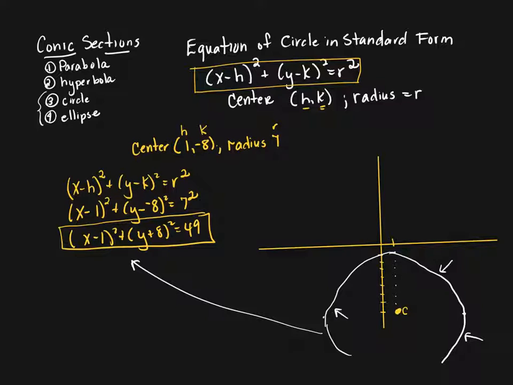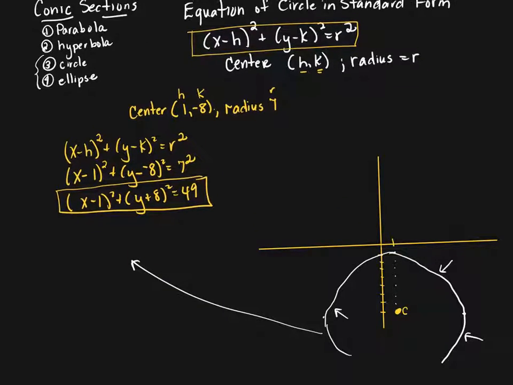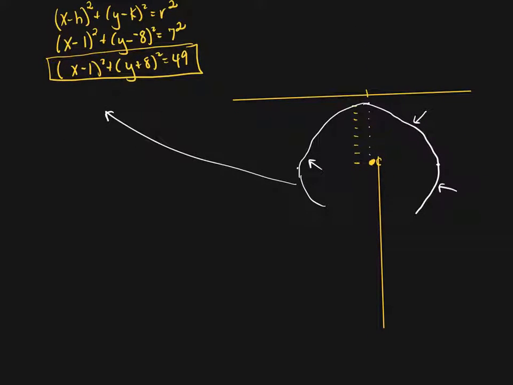Let's look at another one. What if our center is now at the origin? Remember what the origin is? It's the point (0, 0).